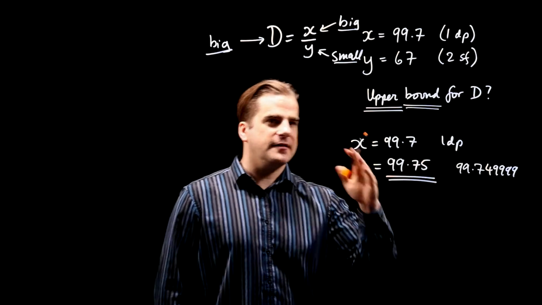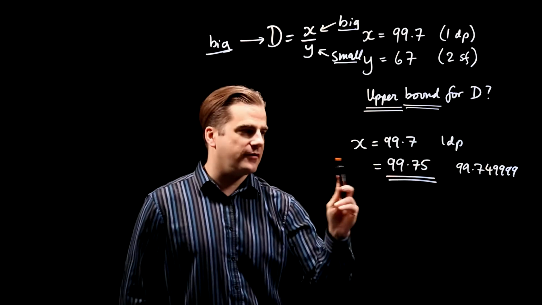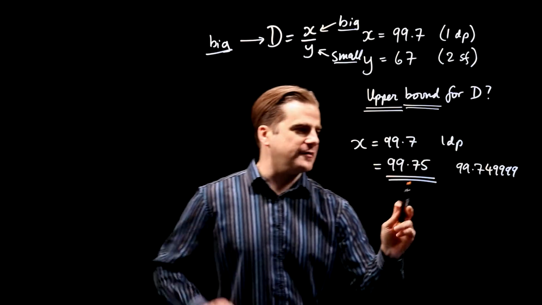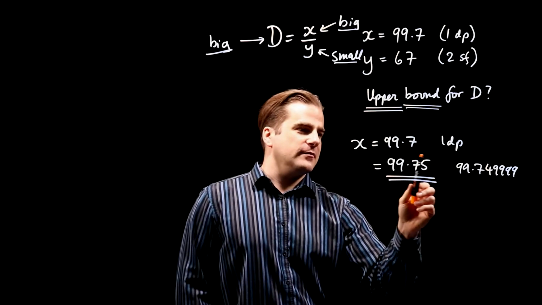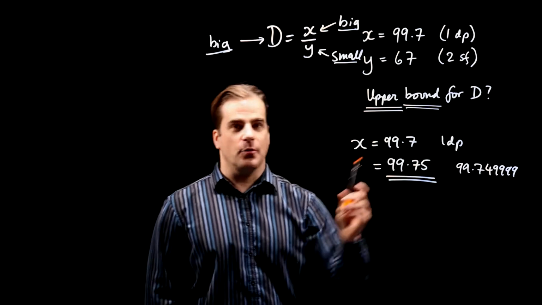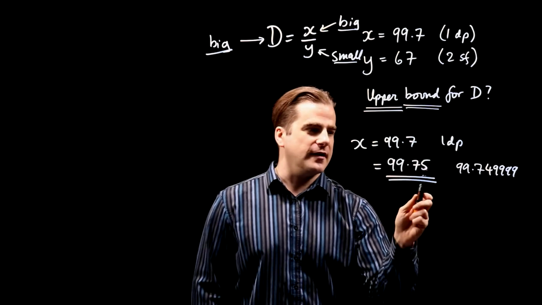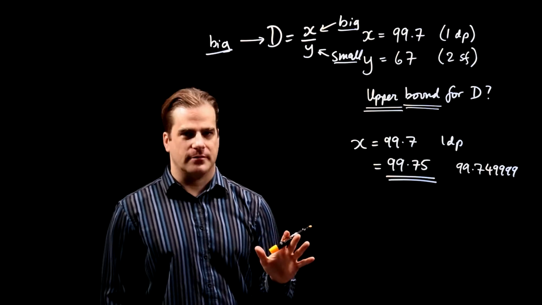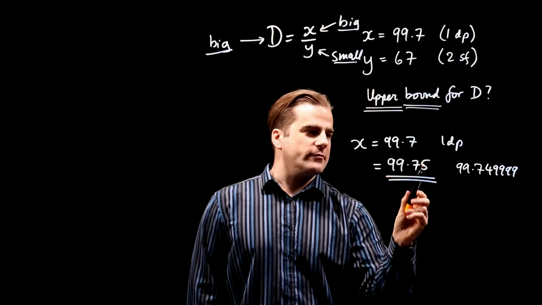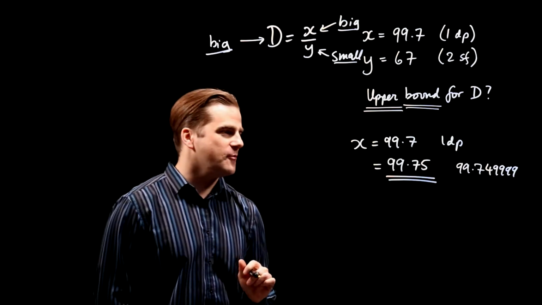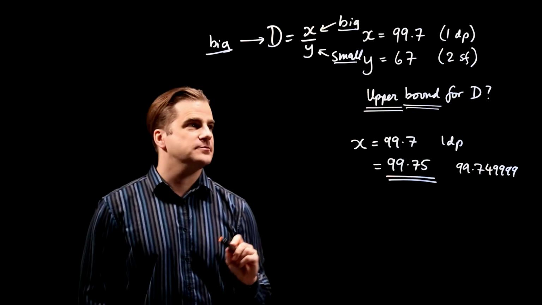As soon as it hits the 5, it goes up to 0.8, but it never hits the 5. It doesn't matter. If it's 99.7 to 1 dp, just use the value 99.75 and don't worry about it. So that's the value we're going to use for x.